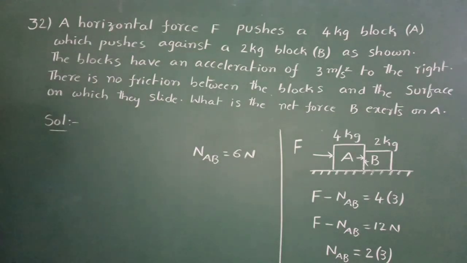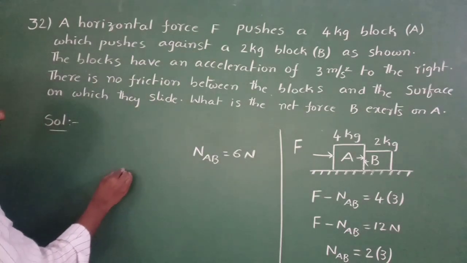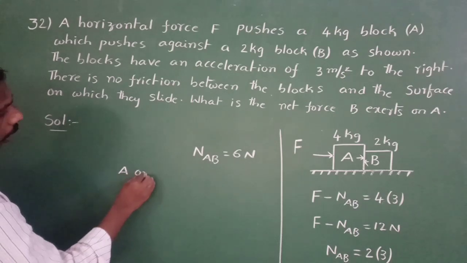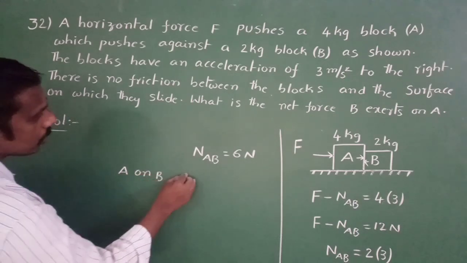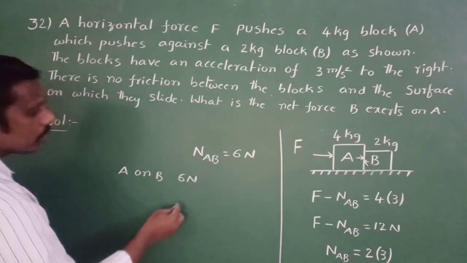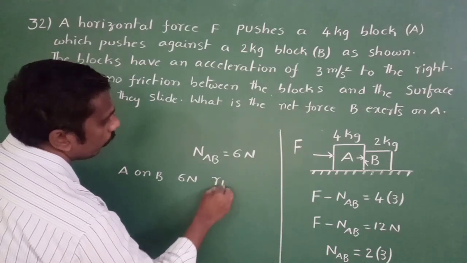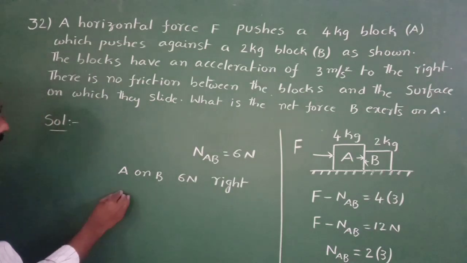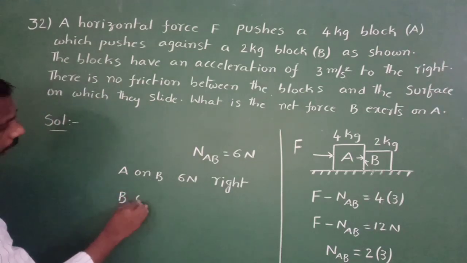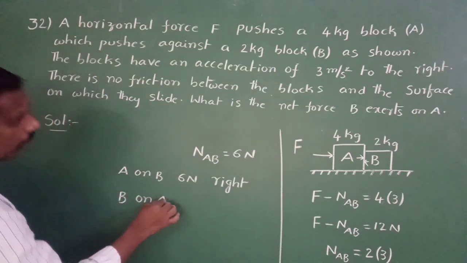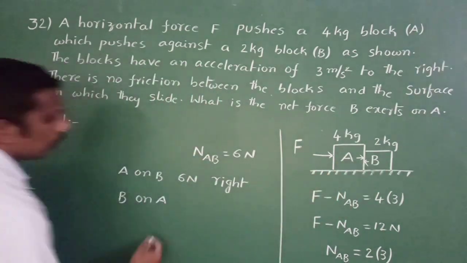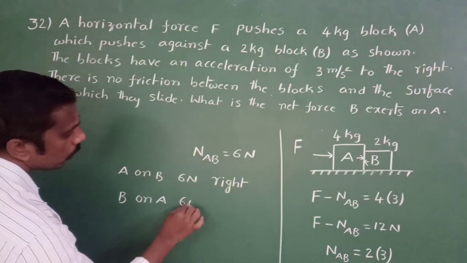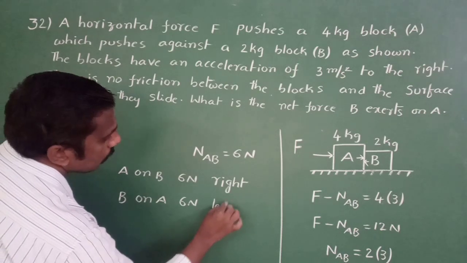Here the force exerted by A on B is 6 Newton towards the right. A is exerting force on B towards the right, and B is exerting force on A towards the left. So the same force, 6 Newton, is acting towards the left.